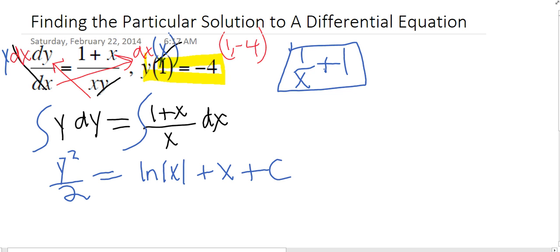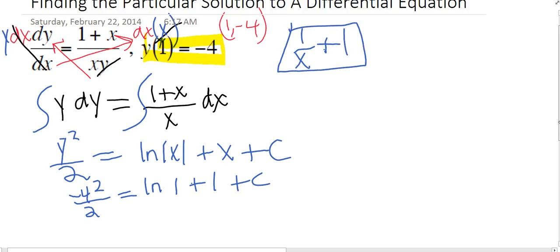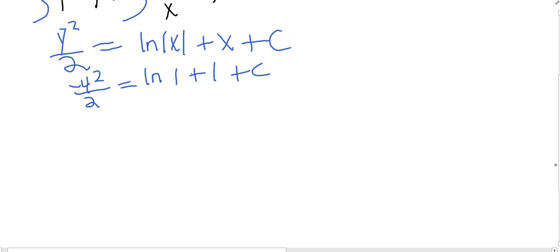So now we don't have to solve for y right now, because we have a fact that y is -4, so we have (-4) squared over 2 is equal to the natural log of the absolute value of 1, plus 1, plus our constant. Okay, so let's take a look at this. It's always good to look at a graph of ln.